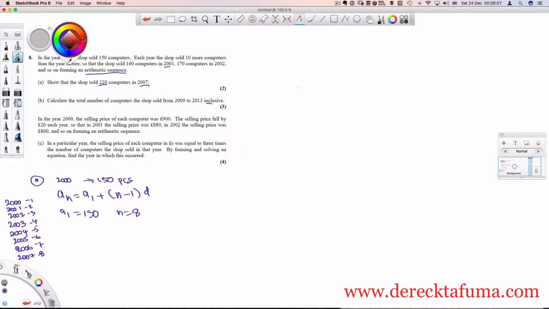And D, because it's going up by 10 each year, D is 10.